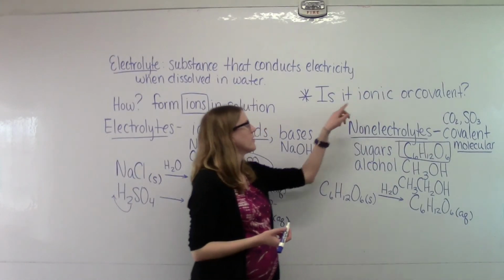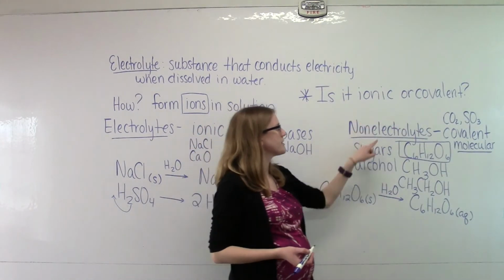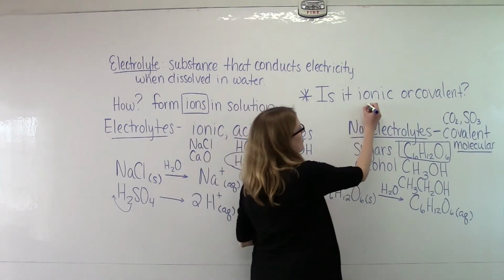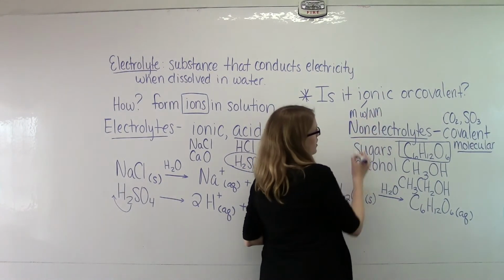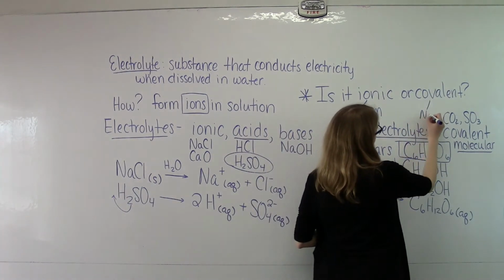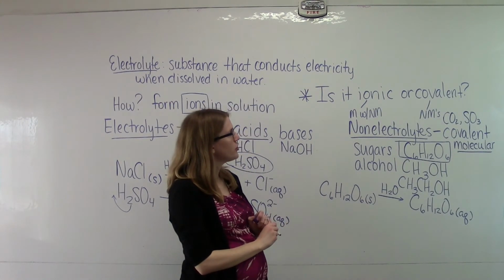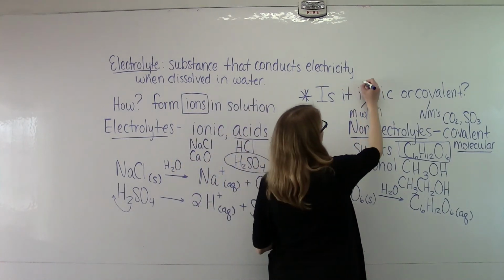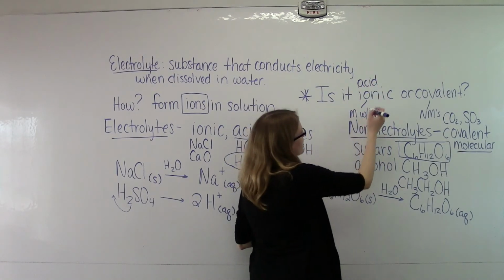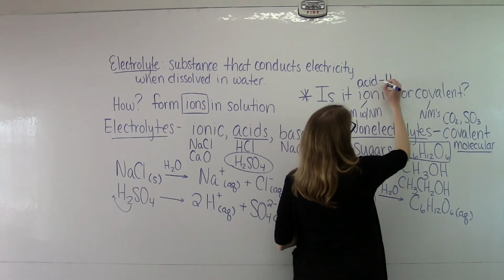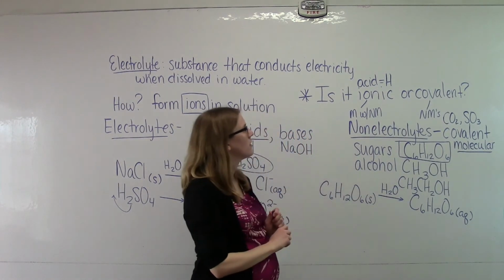If it's ionic, it's an electrolyte. If it's covalent, with the one exception of acids, it's a non-electrolyte. An ionic is a metal with a non-metal, generally speaking. Covalent is when we all have non-metals. Now I should add here, is it ionic or an acid? Because ionic and acids are both electrolytes. That would be H to start something off, H with something else.